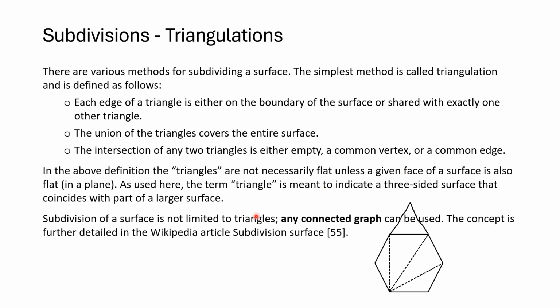And in general, you can use any connected graph to do the triangulation. So you can use squares and other shapes, but it's usually easiest to use triangles. And if you're looking for a deeper discussion on this, there's an entire Wikipedia article entitled Subdivision Surface, two words, subdivision surface. So you may want to have a look at that.